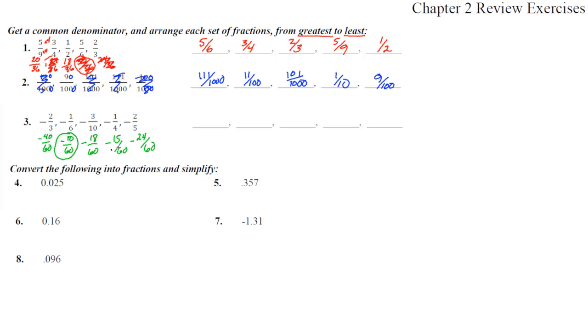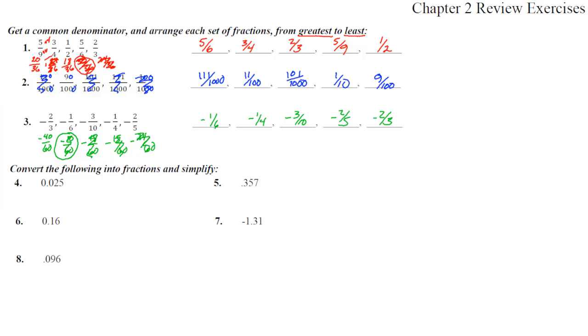Remember, the bigger they look like negative, the further they are down, down, down, down. So that one is going to be the greatest, negative 1/6. Okay, that guy's gone. And then 15 60 is negative 1/4. Okay, and then that one, negative 3/10. Gotcha. And then negative 2/5. And negative 2/3. So many people turn them into decimals so they can see this. That's great. Common denominators allows you to compare, and decimals would as well.